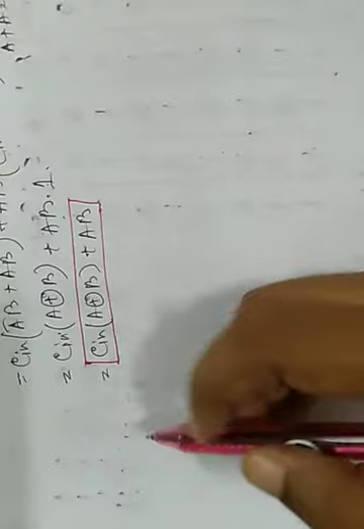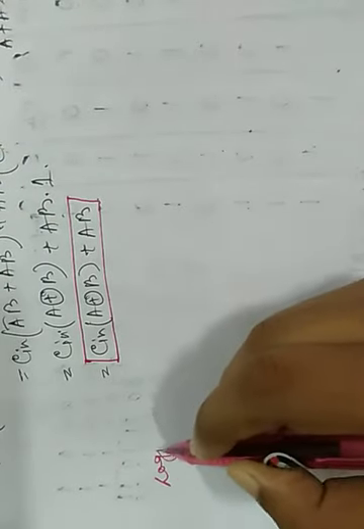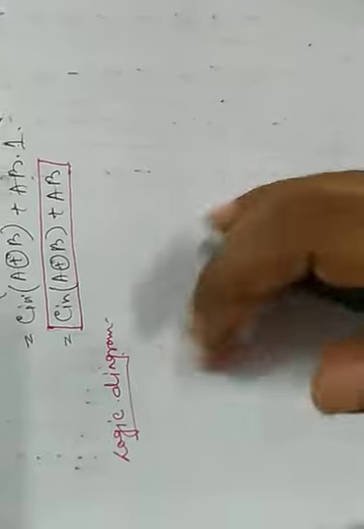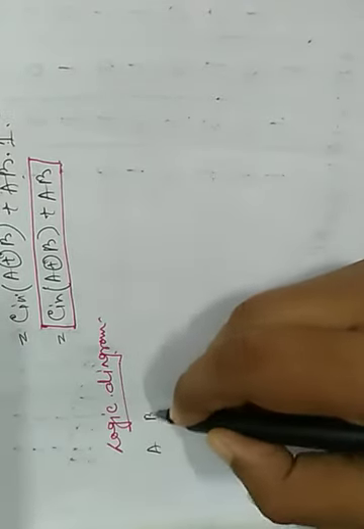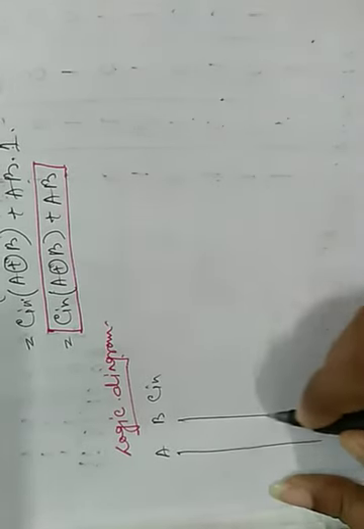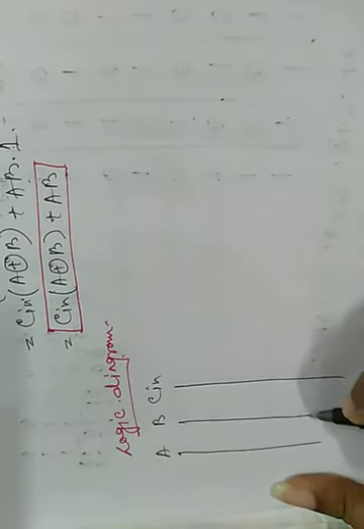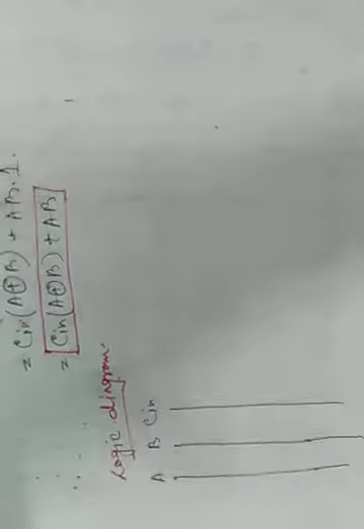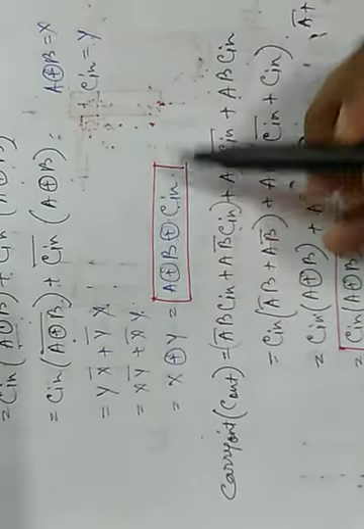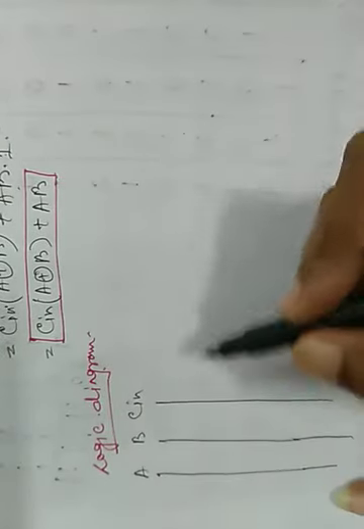Now let us draw the logic diagram of the full adder by using these two expressions. Clear? So these are our three input lines: A, B, C in. Just remember one thing, the sum must be done first. For the sum expression, A exclusive OR B exclusive OR C in.